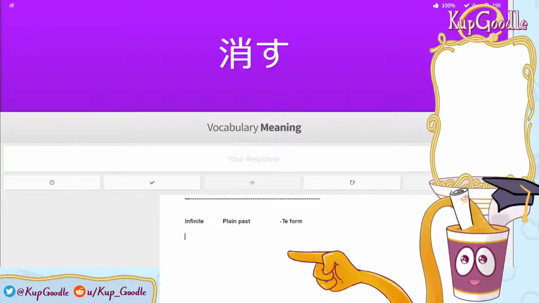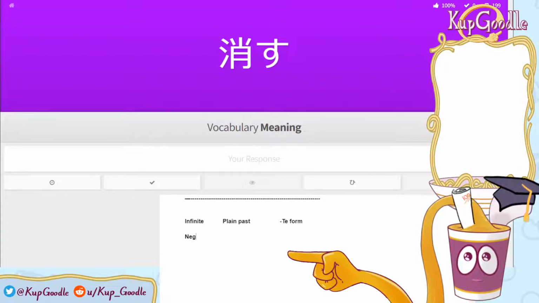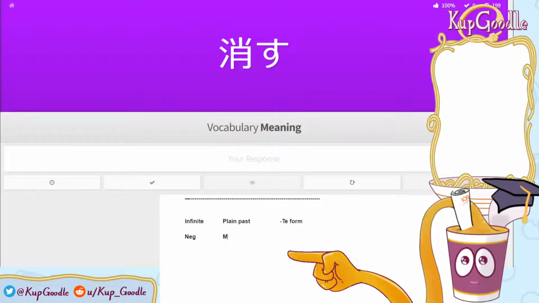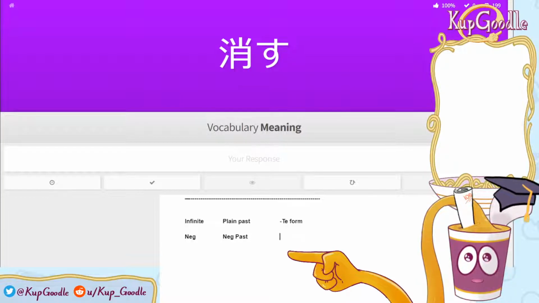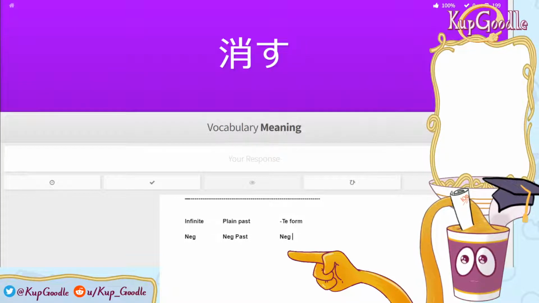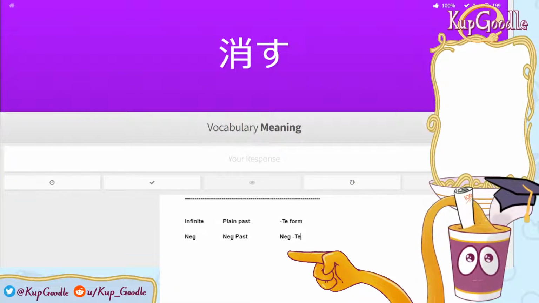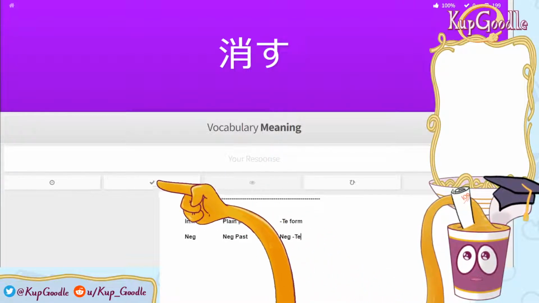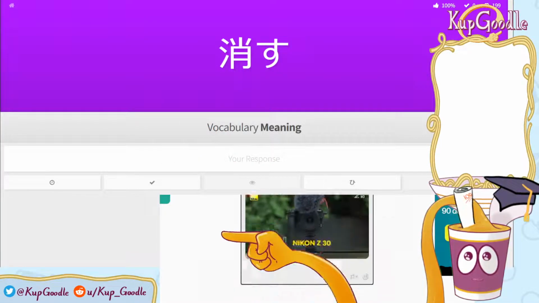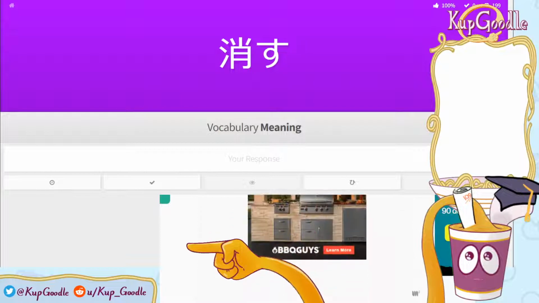And then it should be the negative present tense, the negative past plain form, and then the negative te form. I don't know if it included the negative te form in this.